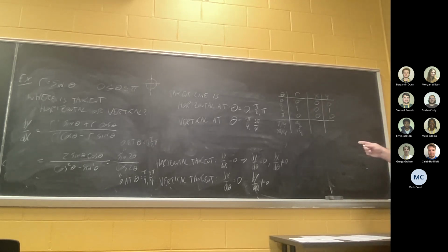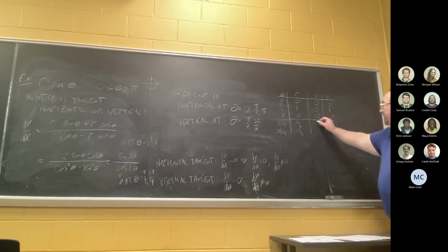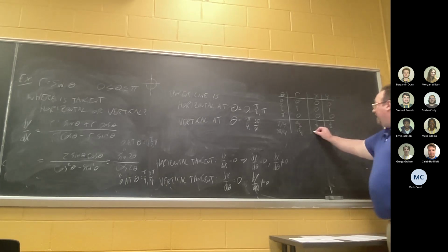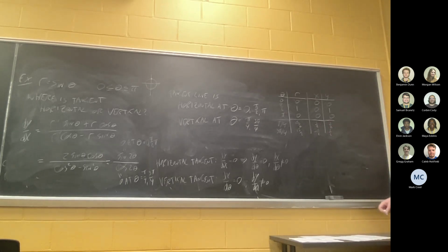Cosine and sine of pi over 4 are square root of 2 over 2, so we end up having 1/2 and 1/2. For 3 pi over 4, cosine is negative square root of 2 over 2, so you end up with minus 1/2 and 1/2.